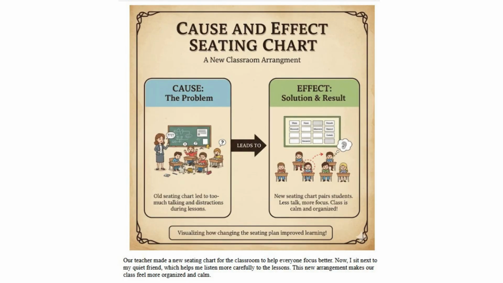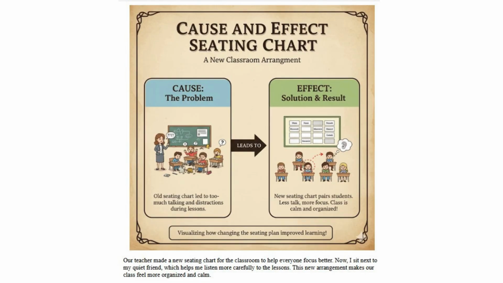Let's take a look. It shows us the cause, which was a problem. And then it shows us the effect, which is the solution and the result. So you can see sometimes cause and effect can also be problem and solution.